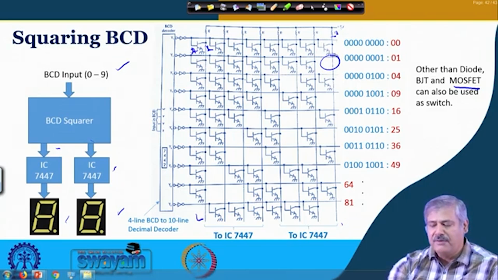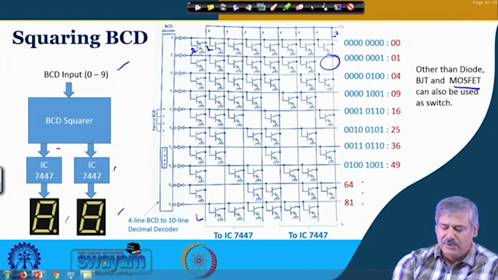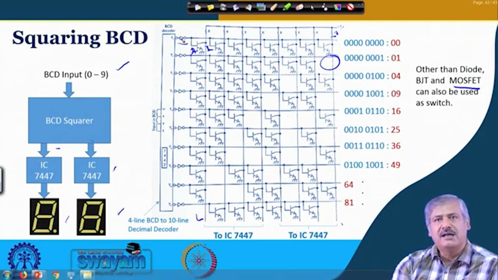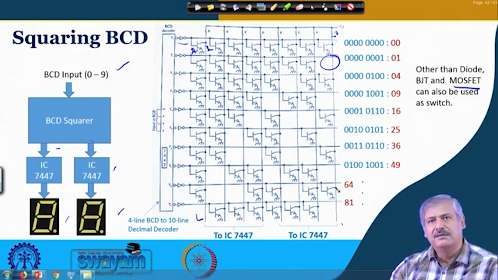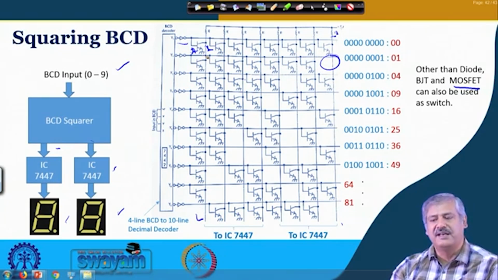So, presence of a transistor gives you a low value when this particular row is accessed, when the decoder output becomes high, and absence of a transistor makes it high. Presence of transistor is low, absence of transistor is high. Is this part understood?